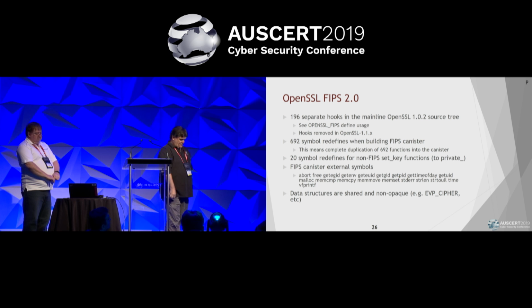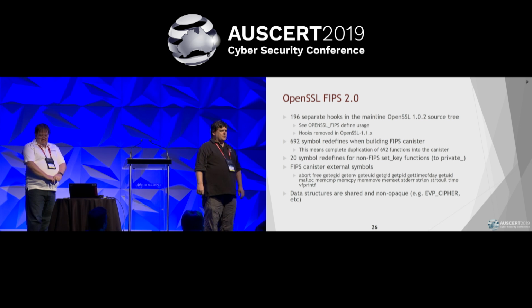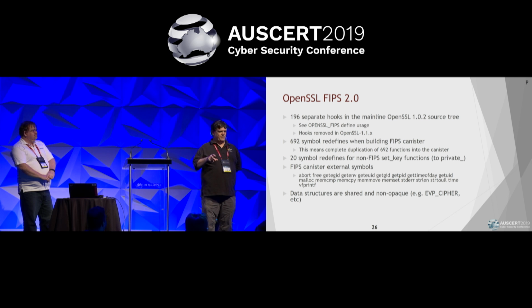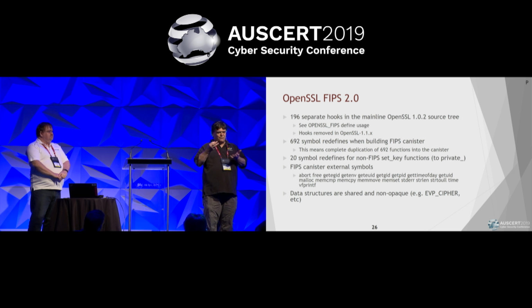Now, still in version 1.0, FIPS was invasive. What is it? Almost 200 hooks. This isn't the FIPS module, this is the mainline OpenSSL source code. These are the changes that were necessary to work with the old form. So it's 200 hooks, almost 700 symbols. It had to rename symbols so you didn't get symbol name clashes.